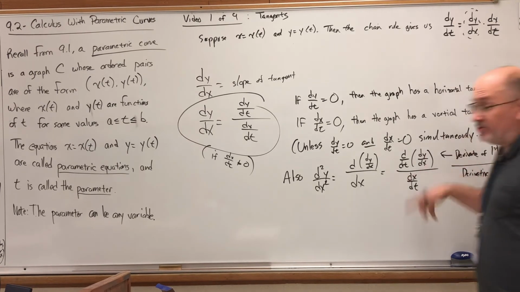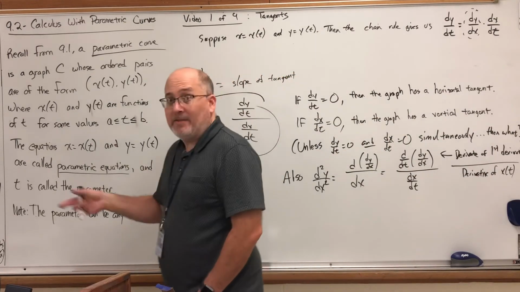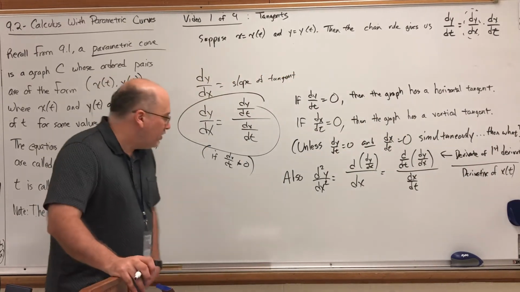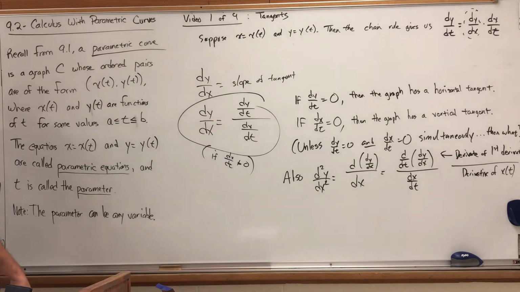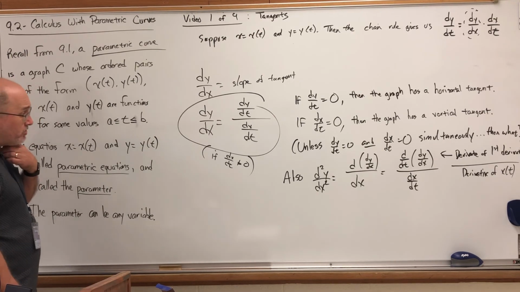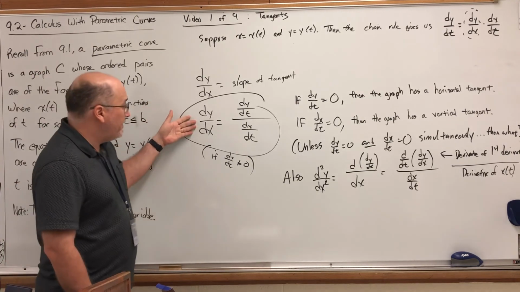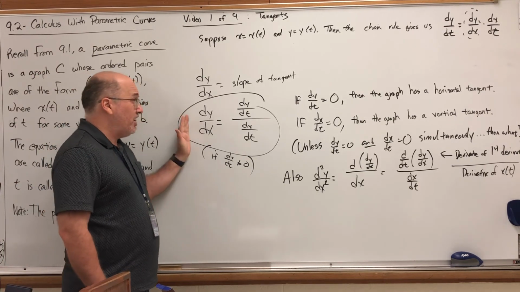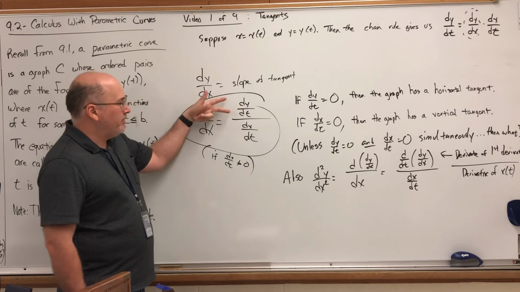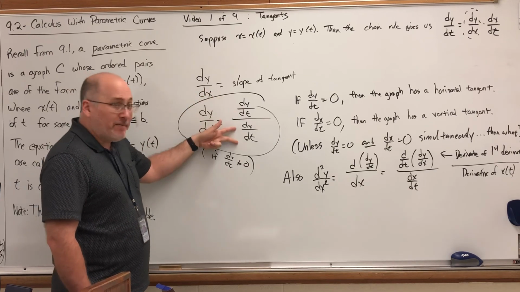So you don't just do the derivative again. You do that and then divide it by the derivative of x. All right, in the next videos, we're going to demonstrate some examples. But most of them are going to use this formula. To find the slope of the tangent line, to find dy dx, we simply calculate dy dt divided by dx dt.